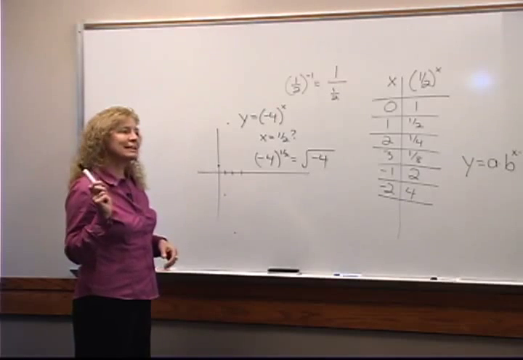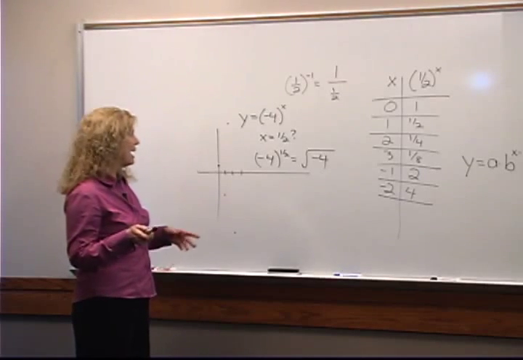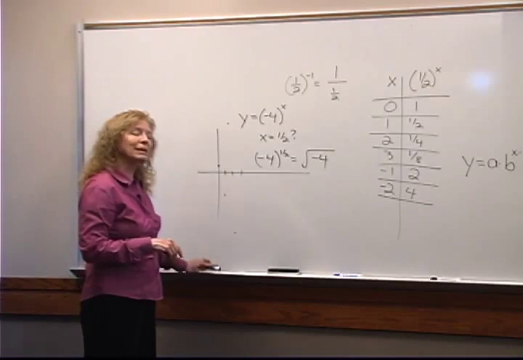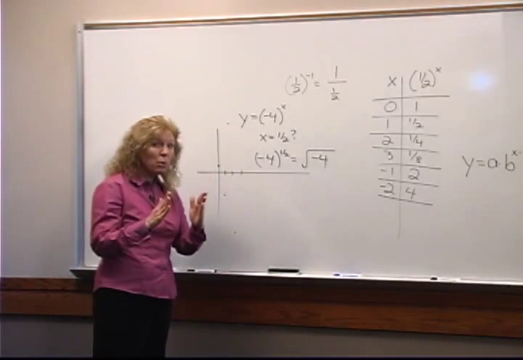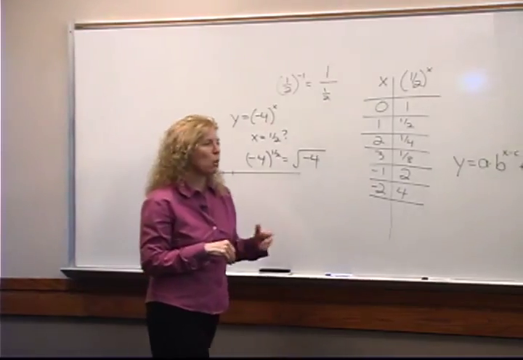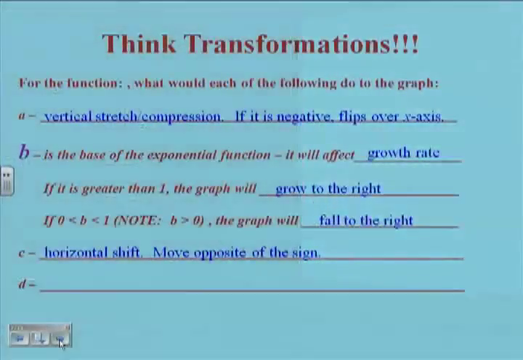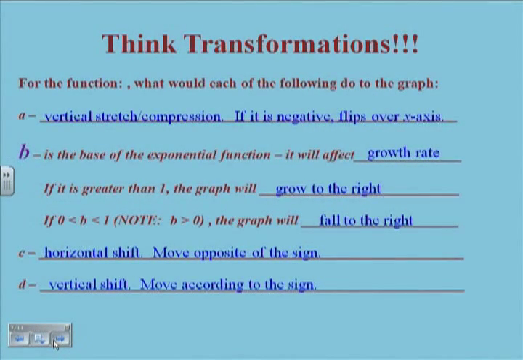So your base cannot be negative, and it wouldn't make much sense to be 1, which means that we consider between 0 and 1, and then bigger than 1. Now your C and D values work exactly the same as they did in all of our previous graphs. They're your shifts, a horizontal shift and a vertical shift. Okay?